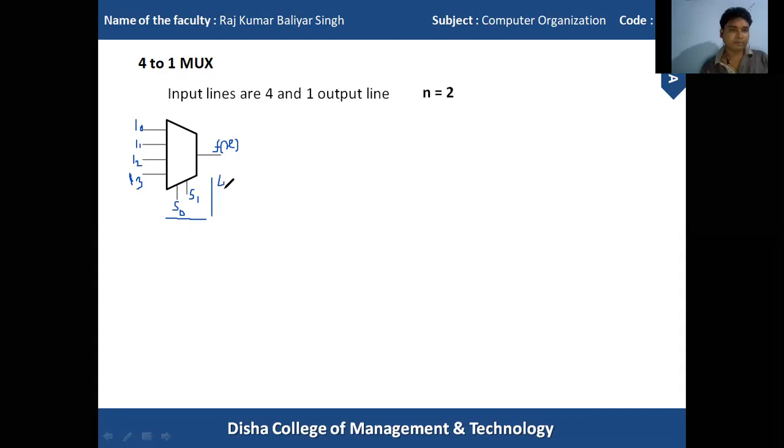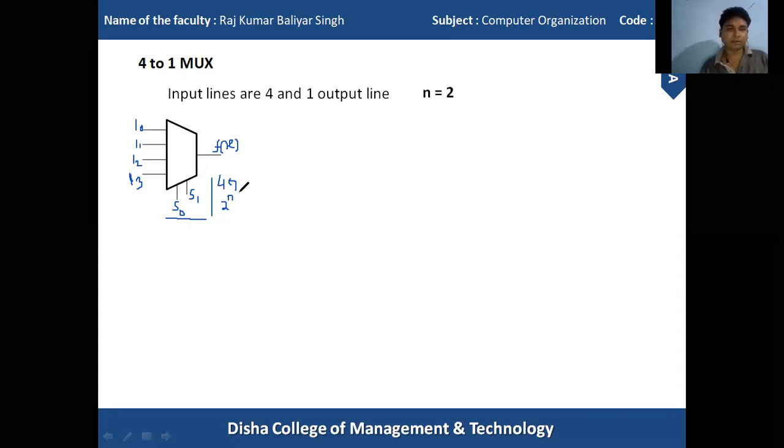In a few classes we discussed that when the number of lines is 2, the possible combinations are 4, because of the rule 2 to the n. So 2 to the 2 equals 4. The possible combinations are 00, 01, 10 and 11.